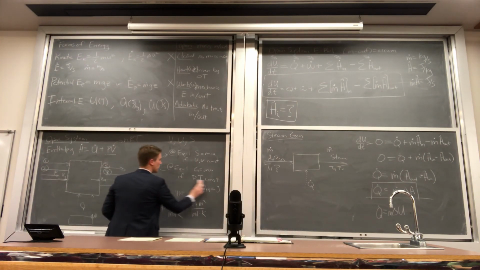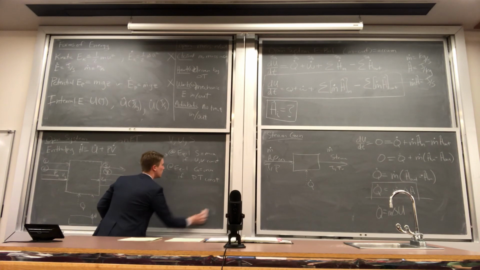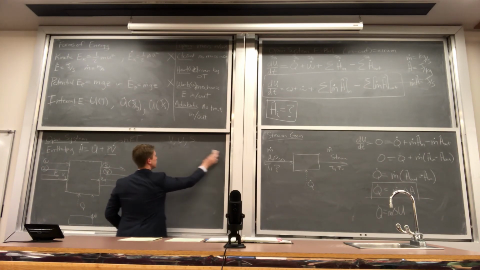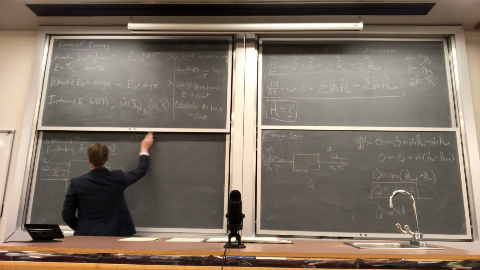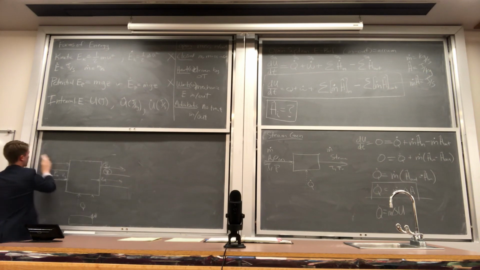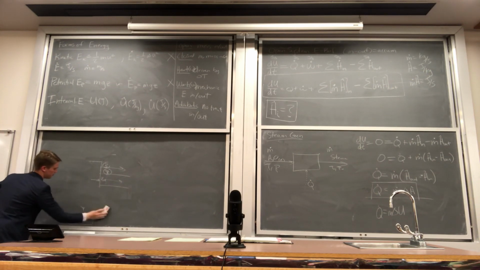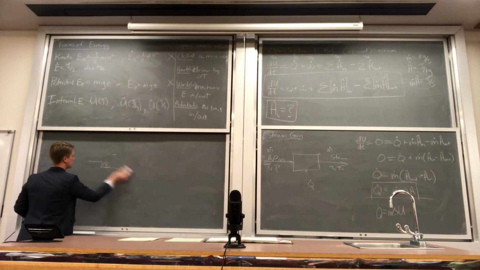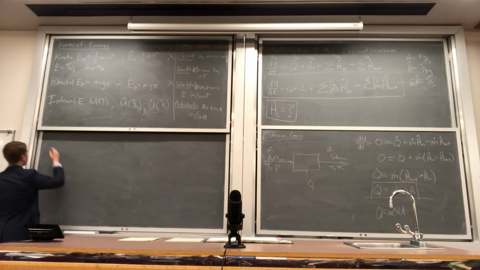closed system energy balance, where we instead are getting the delta U expression. So we're going to start off with our full form energy balance for the open system.